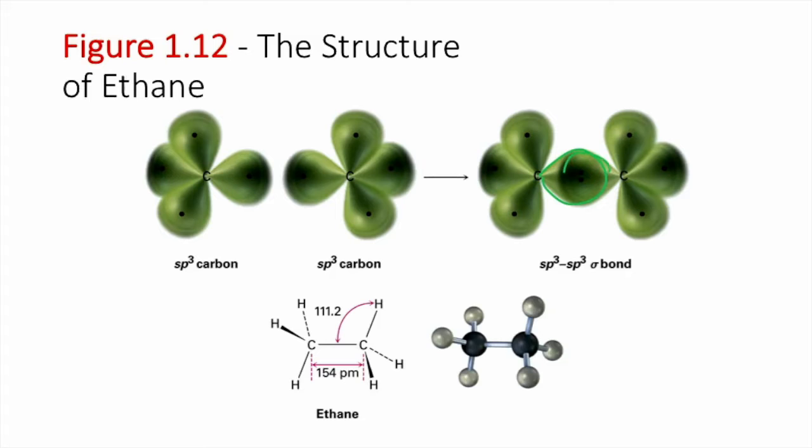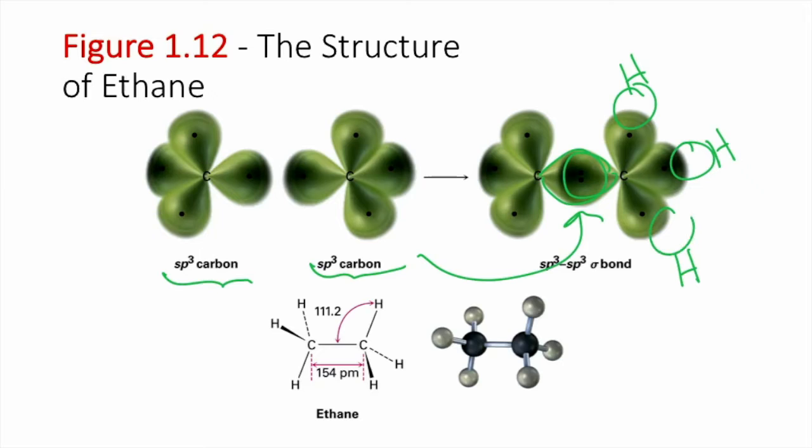Here we have the overlapping sp3 orbitals. Here you have the two sp3 hybridized carbons coming together to form that bond. And then you also have hydrogens. It's not showing the hydrogens. They're going to come in here and bond also with those sp3 orbitals.